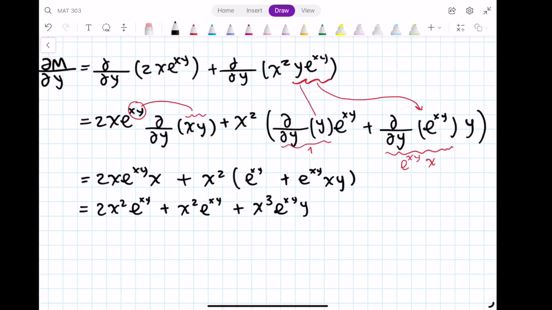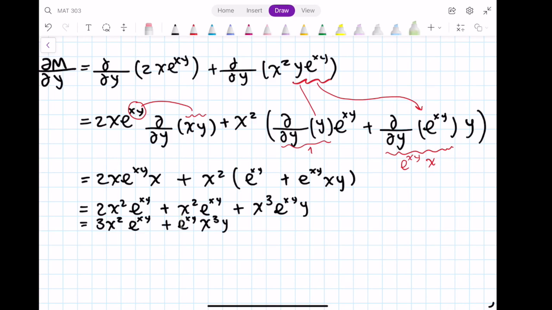Perfect. So from there we can just simplify more. That will be 3x squared exponent plus e and 3y.